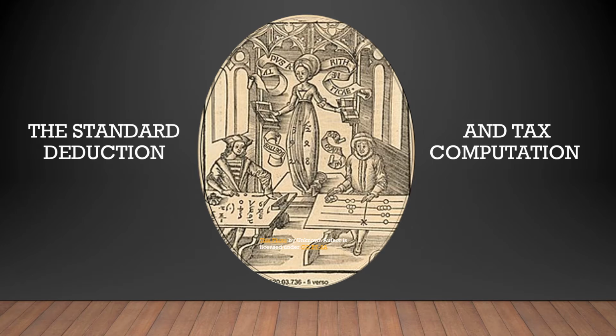Welcome back. Up till now, we've spent our time learning about some basic things that we need to put into the return and things that we need to decide, like dependents and filing status. Then we went on to start compiling all the sources of income that need to get reported on an income tax return.